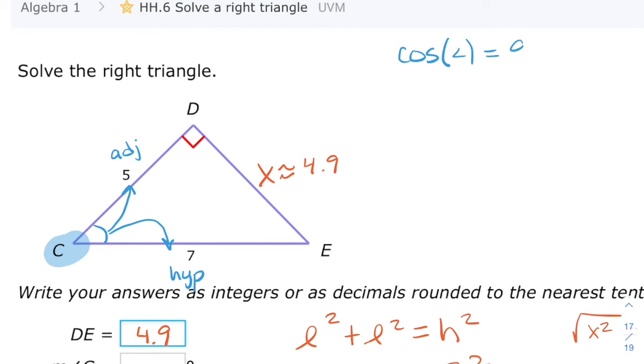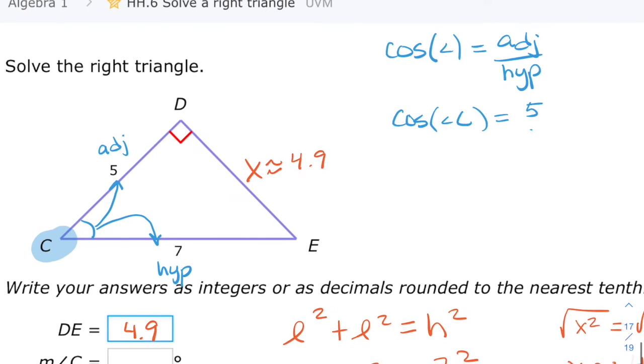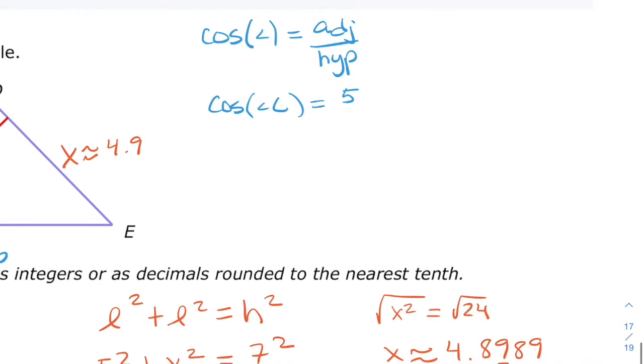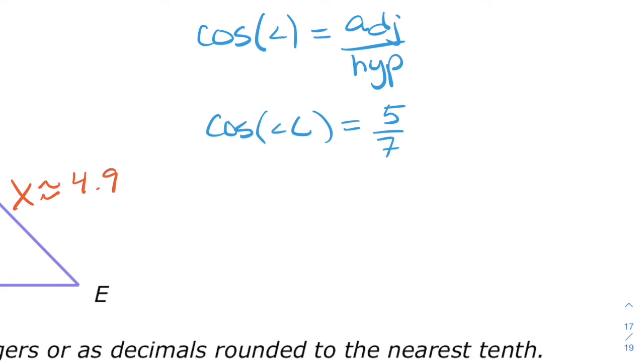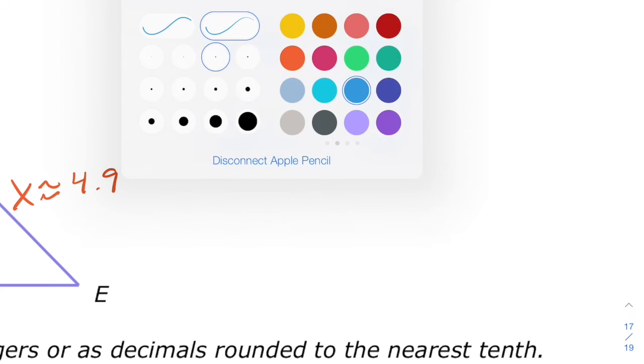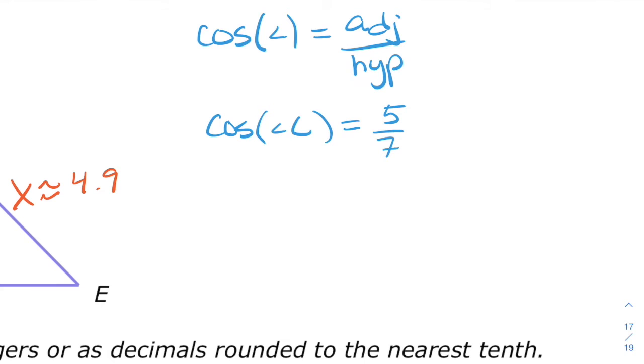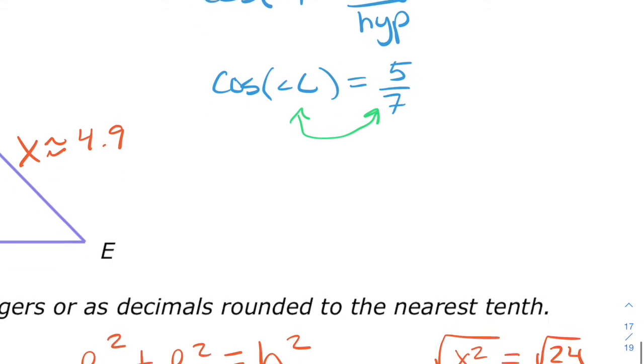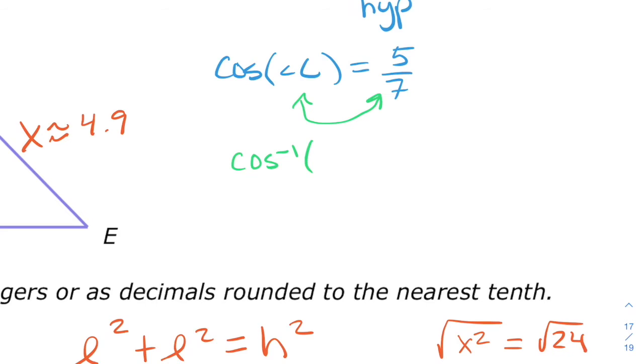Cosine of my angle is adjacent over hypotenuse. So the cosine of angle C is equal to 5 over 7. So I'm going to take the inverse: cosine inverse of 5 over 7 equals the measure of angle C.